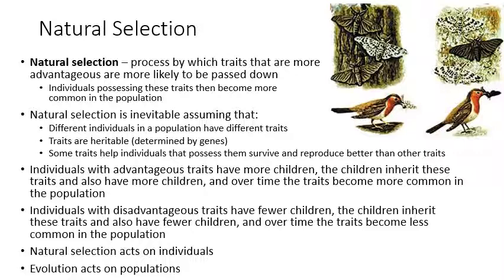And third, the last assumption that needs to hold true is that some traits are more helpful for surviving and/or reproducing, and other traits are less helpful for surviving and/or reproducing. So if those three things are true, you have individuals that have different traits in a population, their traits can be passed down to offspring, and some of those traits are more helpful for surviving and having more offspring than others, then natural selection will inevitably occur. It's impossible to avoid it.